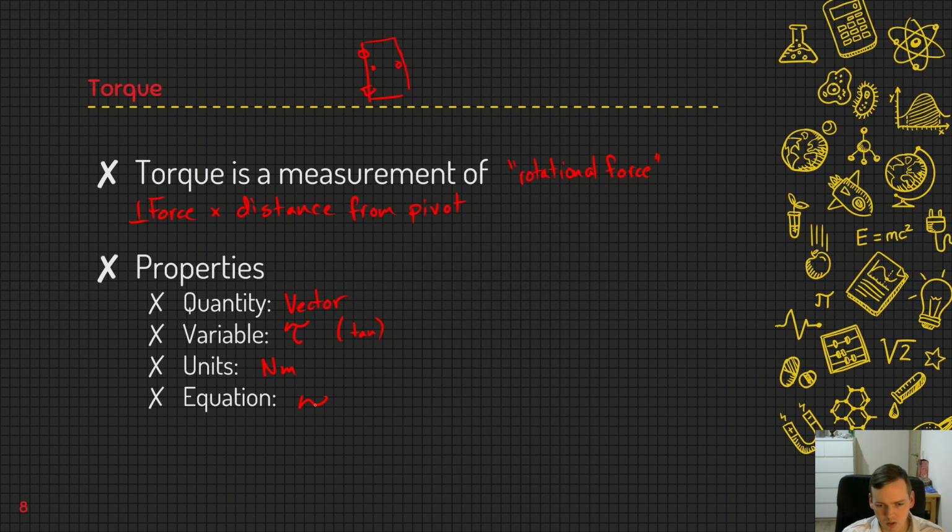And the equation is torque equals the force cross product with the distance away from the pivot, or as we typically present it in class, the perpendicular force. Let me rewrite that differently.